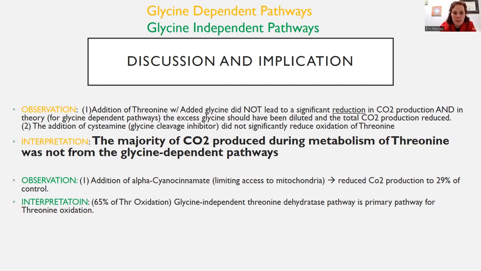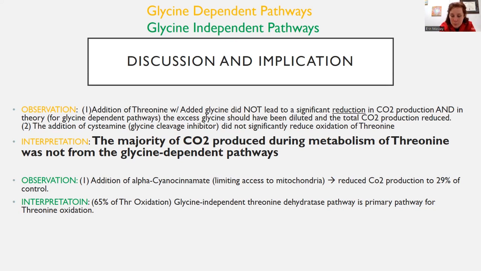The other observation that we see is the addition of alpha cyanosinamate, which limits mitochondrial use, ended up reducing CO2 production to 29% of the control level.